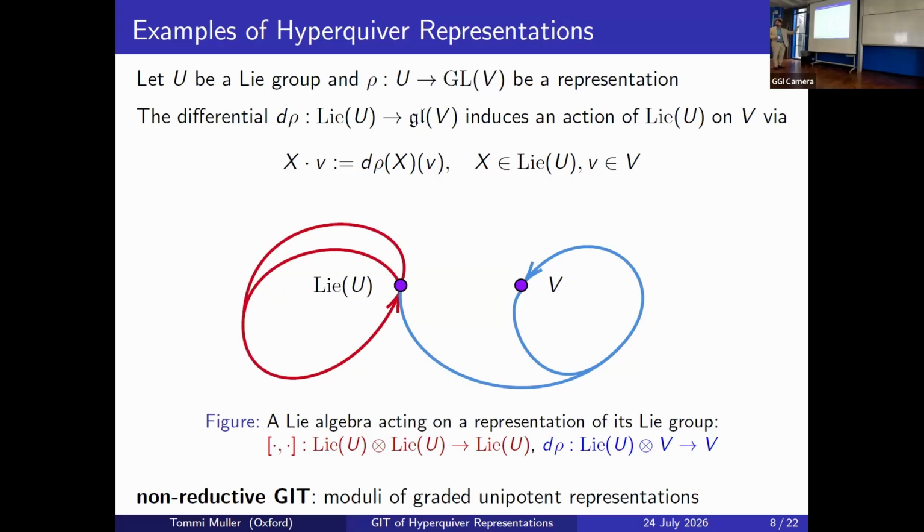Here I haven't drawn the grading, but if we did, we would just have more vertices, one for each piece of the grading, and then more maps going from piece I and piece J to piece I plus J. So if you study modular such representations, then you're parameterizing all the possible non-reductive GIT quotients. This is useful for that.